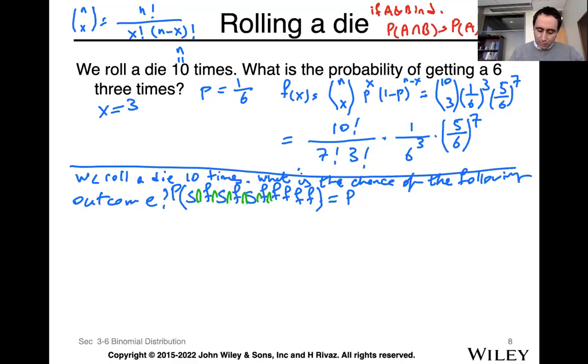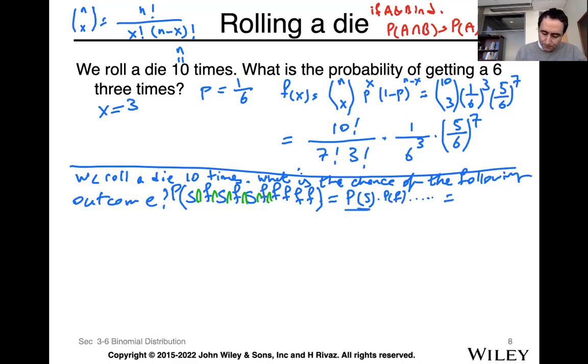So since I know all of these experiments, the first roll, second roll, are independent, I'm simply going to write down the product. So P of S, P of F, sorry, all of them.